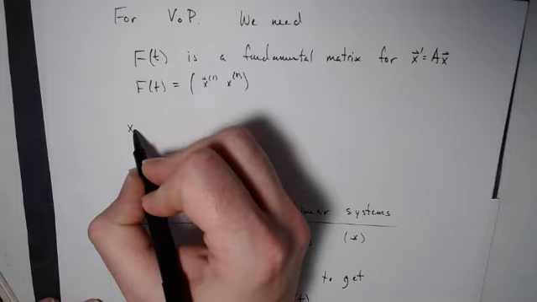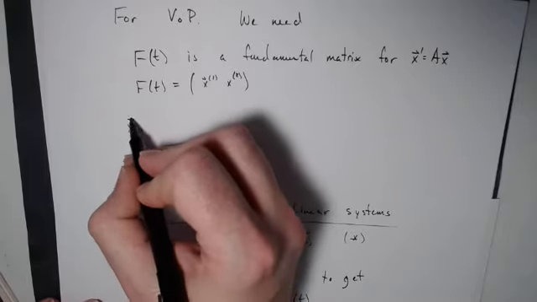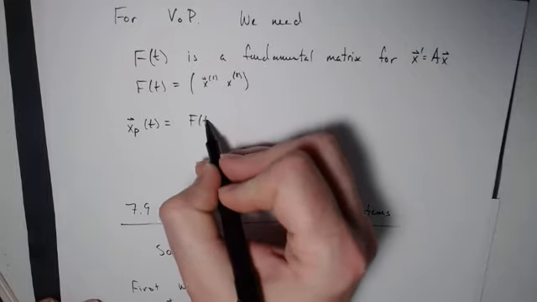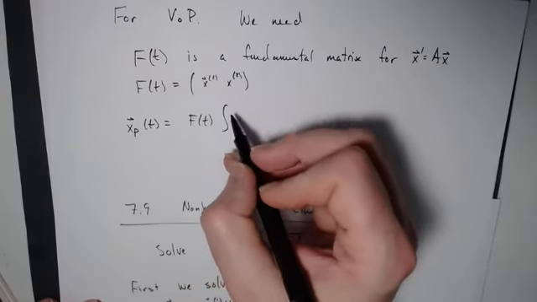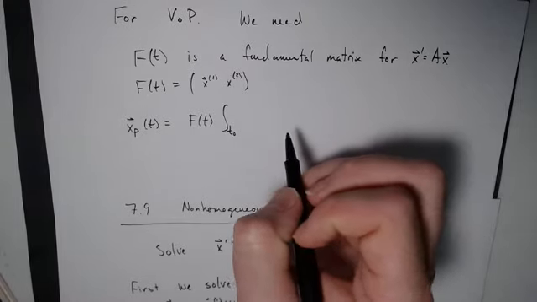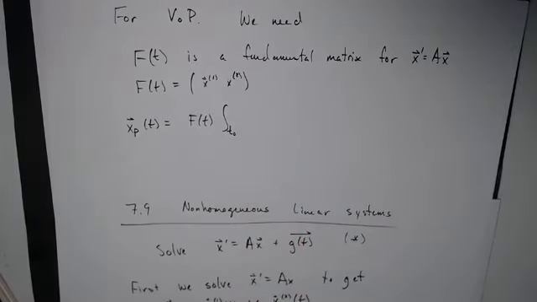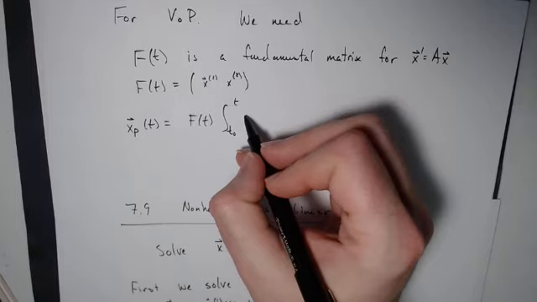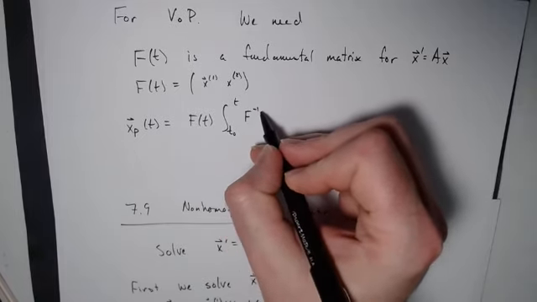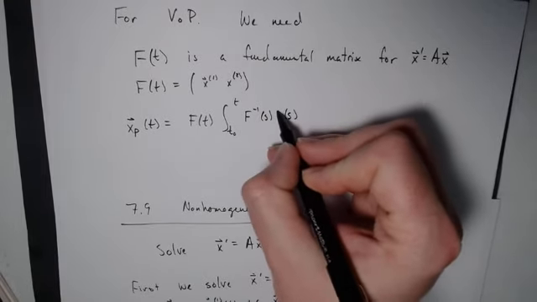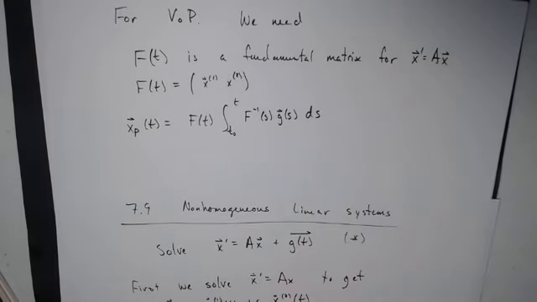Variation of parameters tells us that xp of t is going to be F of t times the integral from t naught, which would be the value of your initial condition should you have an initial value problem here, up to t of F inverse of s times g of s ds.